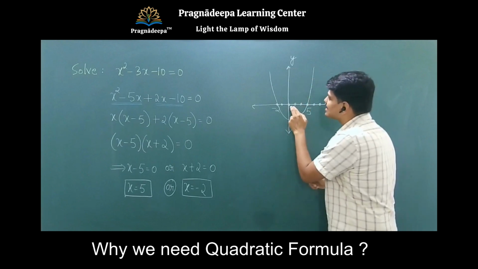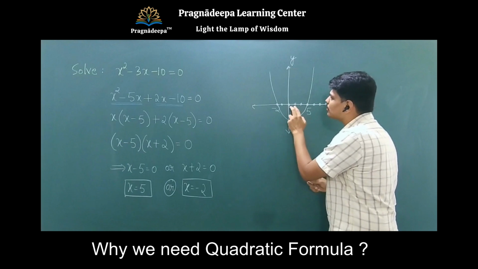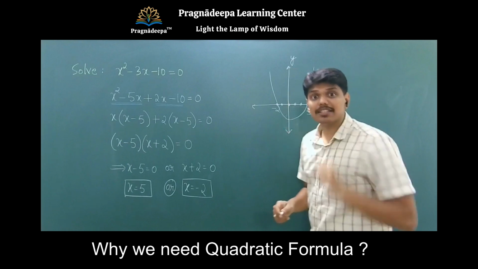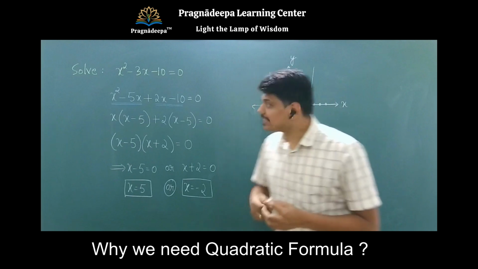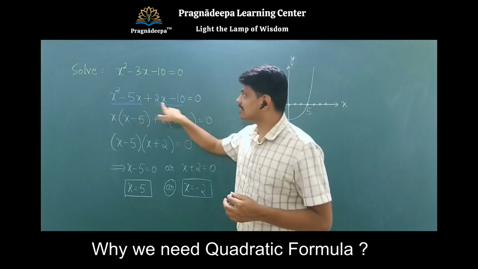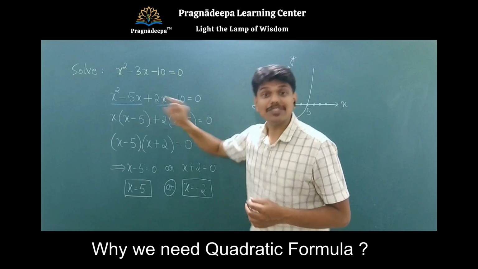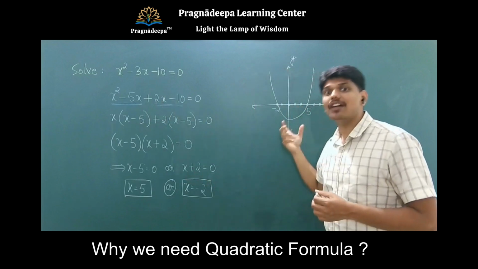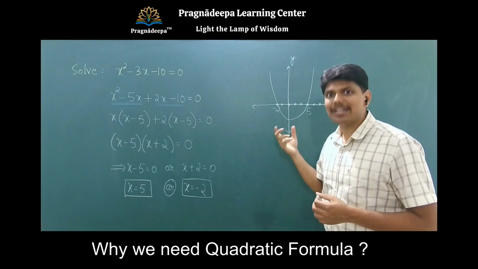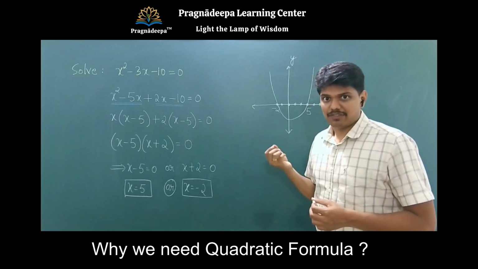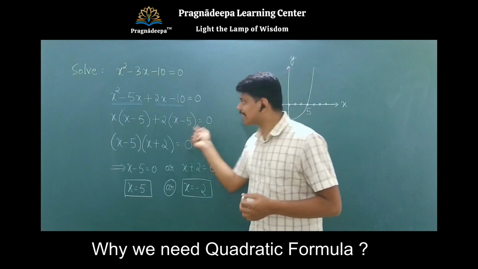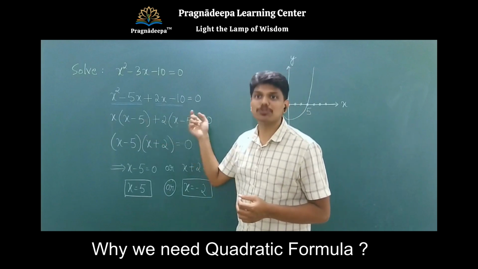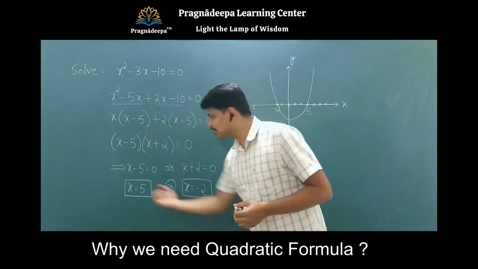Suppose I take 0 and 1, friends, there are so many numbers between these two. If it intersects somewhere there, how will we identify the root? And it is not possible for us to factorize like this. In the situation when we get rational or irrational numbers, it is quite difficult for us to identify the factorization of those two, to identify these two numbers.